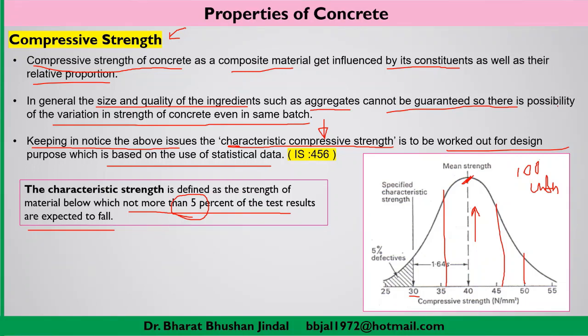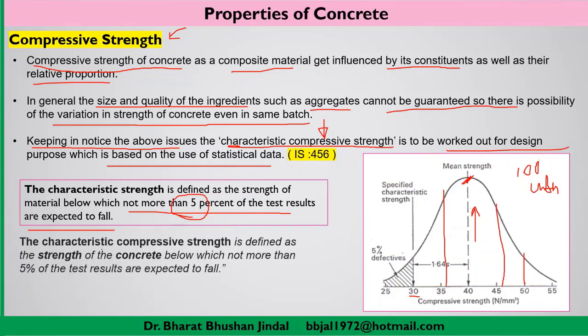So it is very much clear from this graph that there are some number of cubes which are having strength of 40 MPa, some of the cubes having strength 35 MPa, and the effective characteristic strength is 30 MPa.